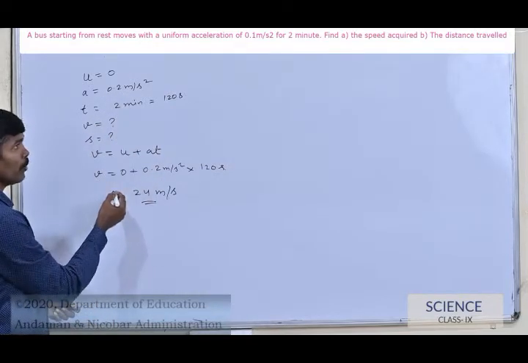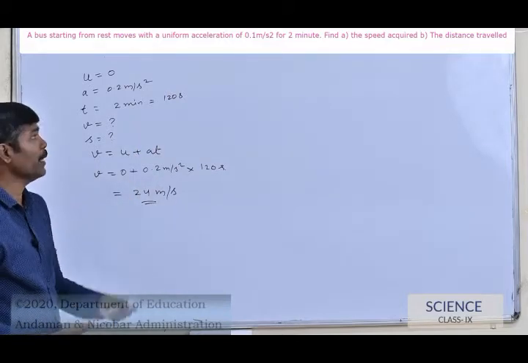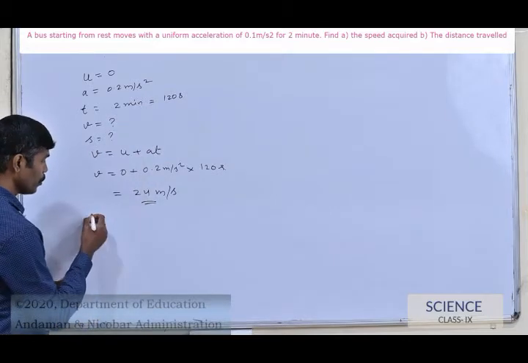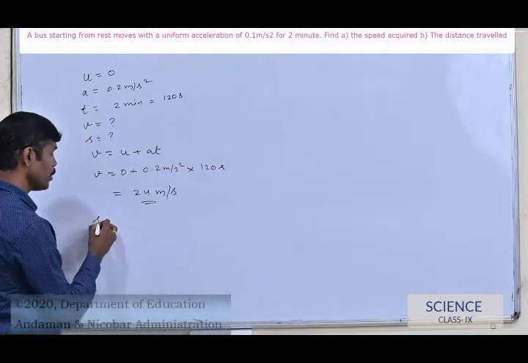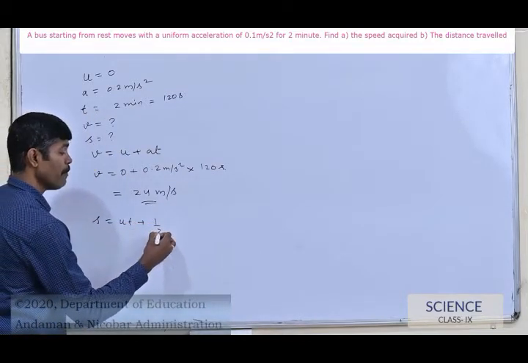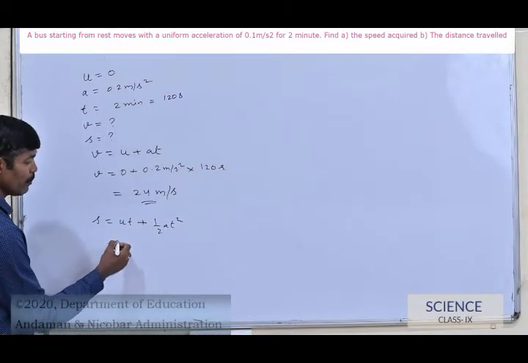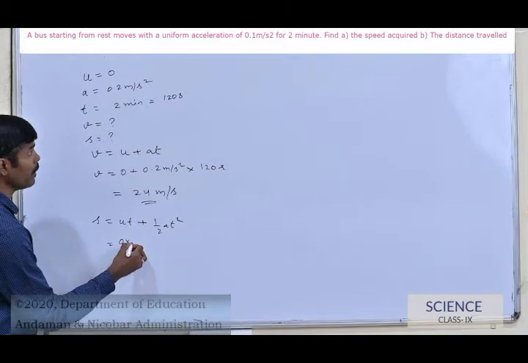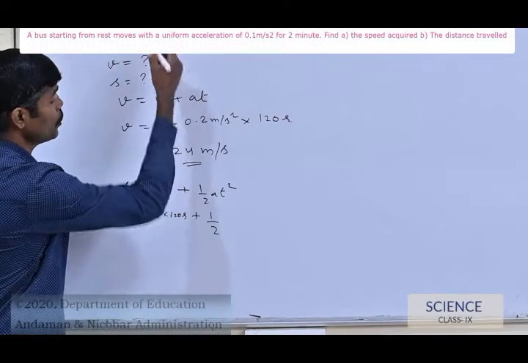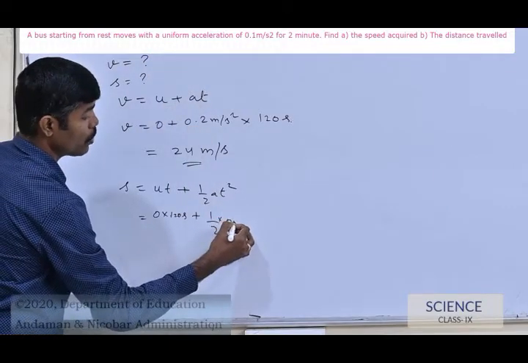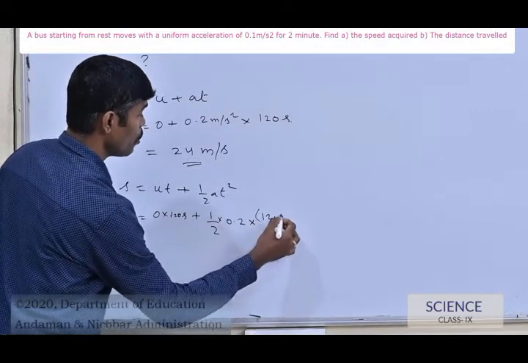Now we have found out the value of speed. Now we have to find the distance covered in 2 minutes. Distance can be found out by using the second equation we have: s is equal to ut plus half at square. So we can use this equation. The value of u is 0 into time 120 seconds, plus half a, which is half into 0.2, into time 120 whole square.